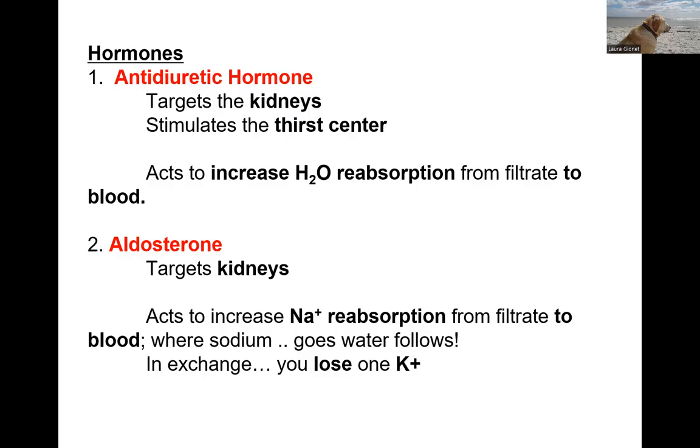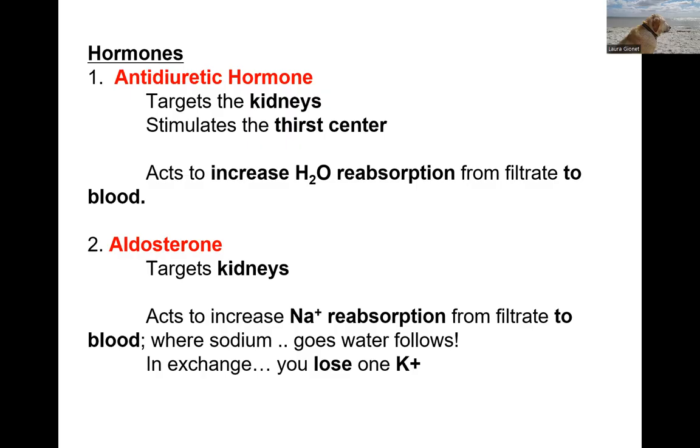Aldosterone works in a more complicated manner, right? And by the way, antidiuretic is the one you're going to use most and primarily, and it's really, really effective in absorbing the most amount of water that you want to absorb. But if that's not getting the job done, then we're going to take more extreme measures, and we release aldosterone. And aldosterone comes from the adrenal cortex.